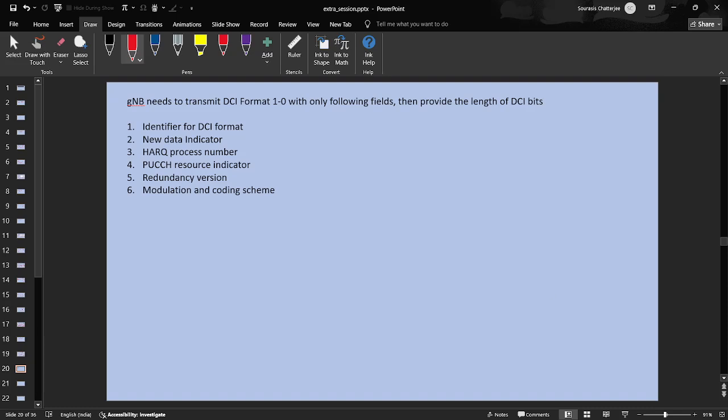For this question here, we are supposed to compute the length of transmit DCI sequence. So how many bits are required to identify the DCI format? Can anyone point it out?